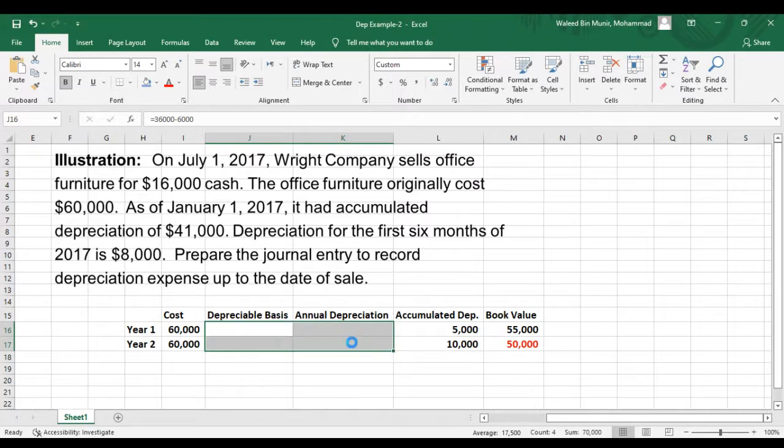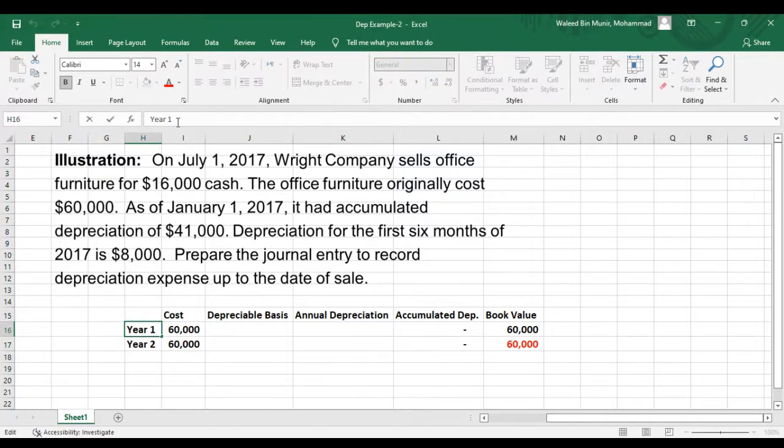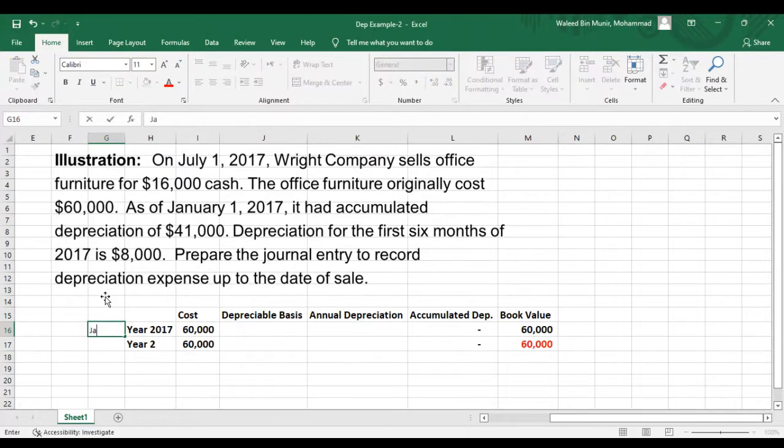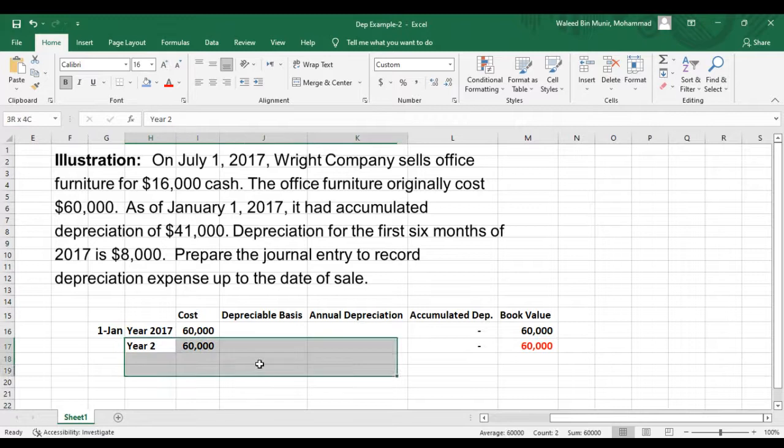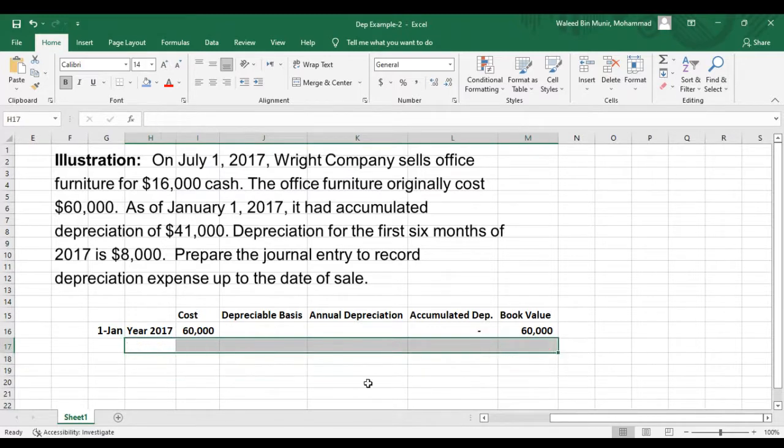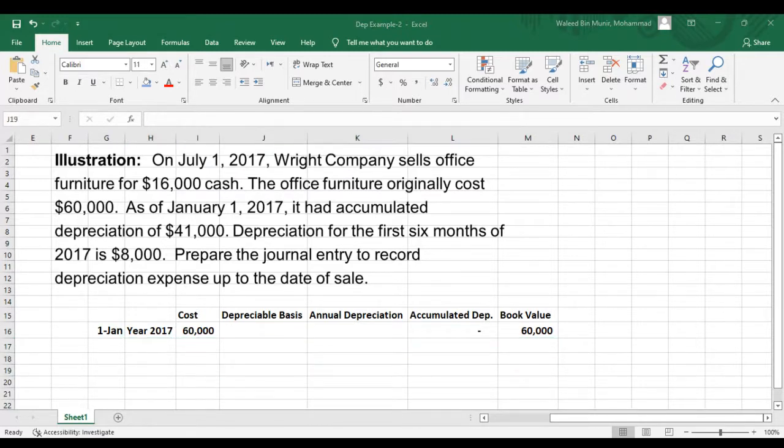We don't have more details, so I just include it. This is what is given in this question. As of January 1, it had accumulated depreciation of 41,000.